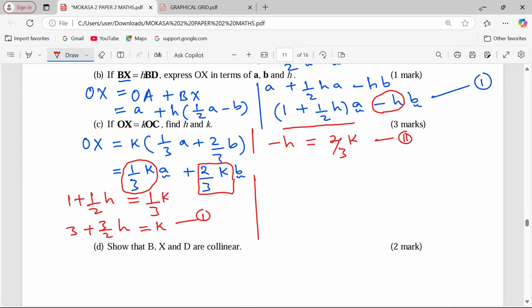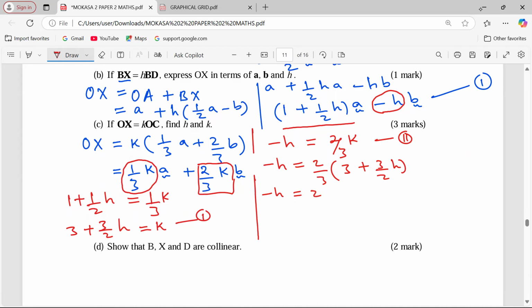Because K has been expressed in equation 1, we can substitute it in equation 2. Negative H equals 2/3, and instead of K, we have 3 plus 3/2 the value of H. So negative H equals 2/3 by 3. We get 2.